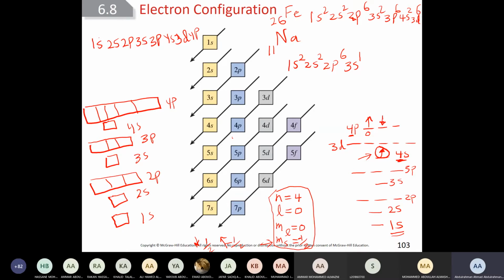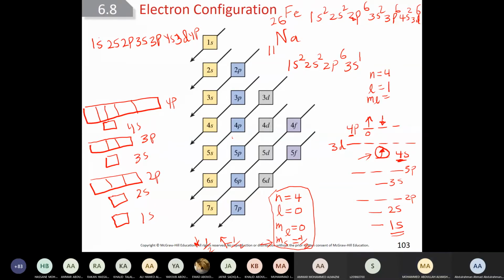Now, if I draw the electron like this here, what's the value for n? It is 4. What's the value for l? 1. What's the value for ml? Can I say 0?